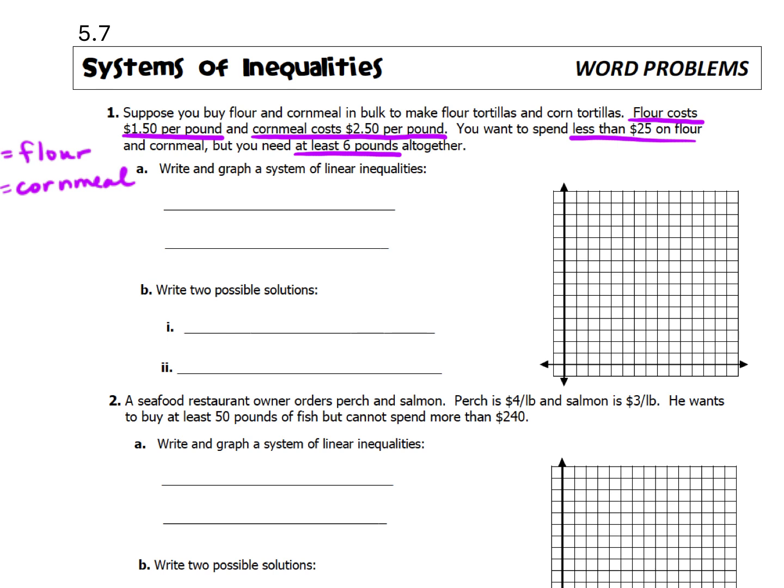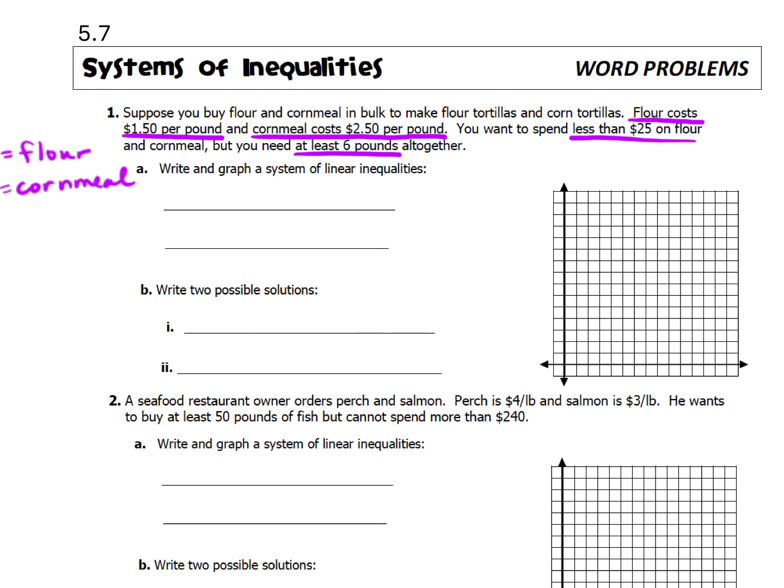Does anyone think they could write one of these inequalities? How much does it weigh? So we don't currently know how much it weighs because that's what we're trying to figure out. Like we need at least 6 pounds, right? 150x plus 250y equals 25, and then x plus y is 6, right?